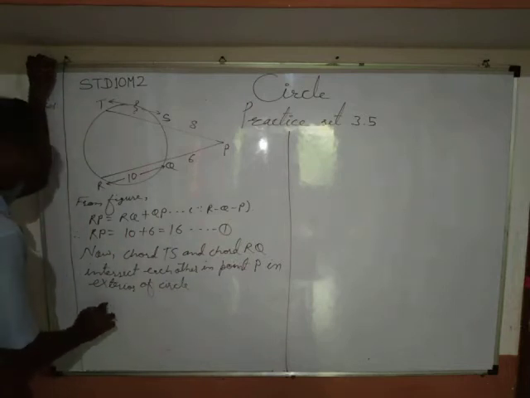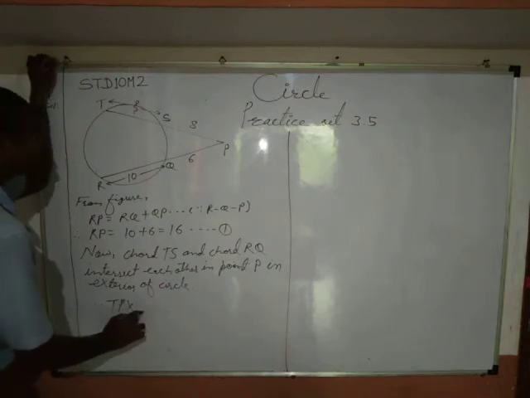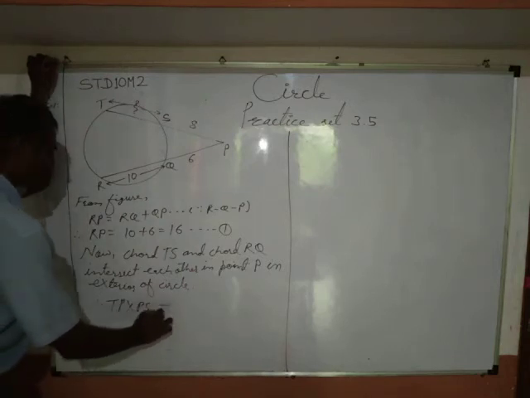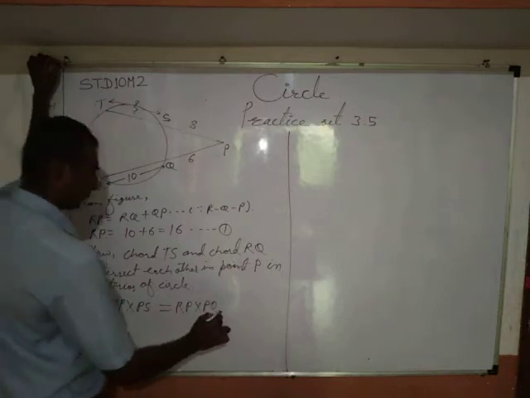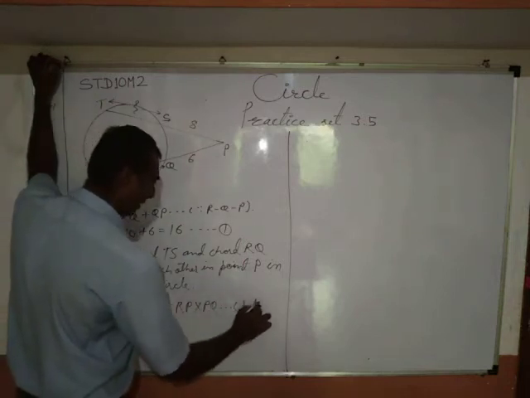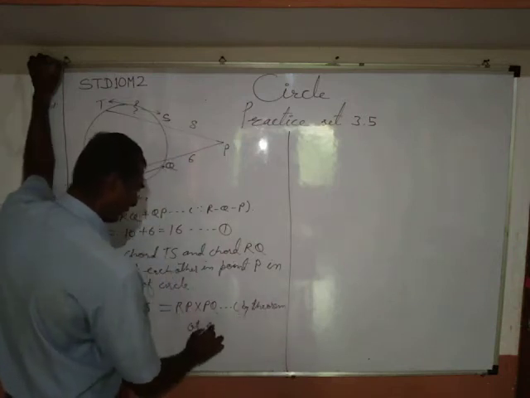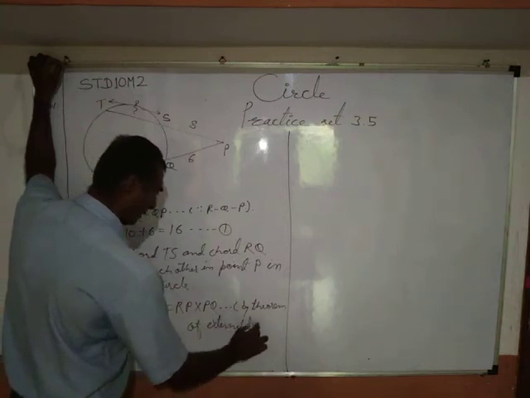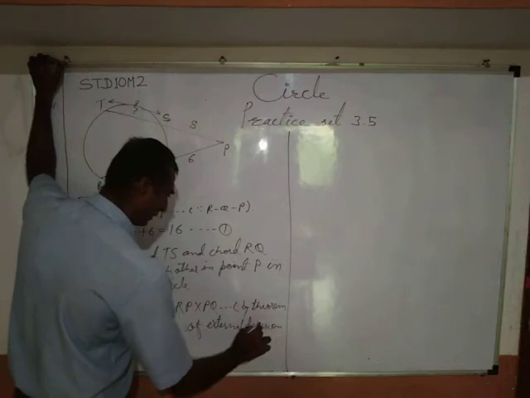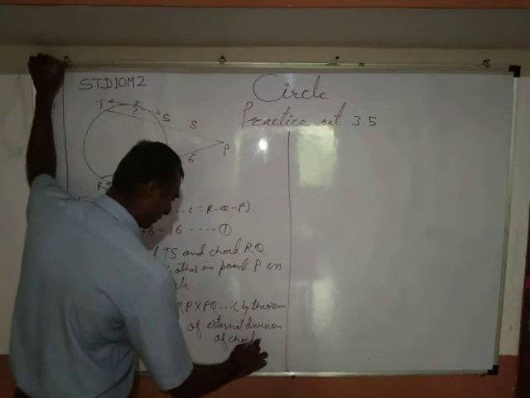Therefore TP into PS equals RP into PQ by the theorem of external division of chords.